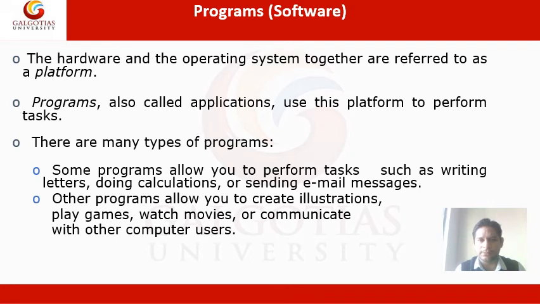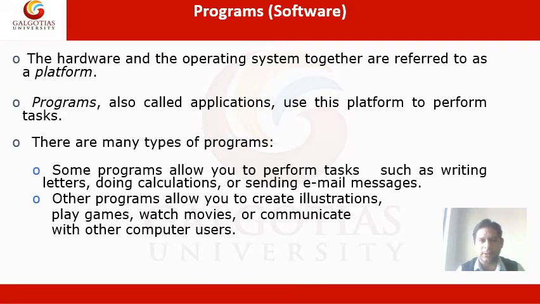Now another definition that you will come across when you learn about computer systems is software. Software is also known as a set of programs, and these are the programs which are necessarily required on your computer system to run the hardware.